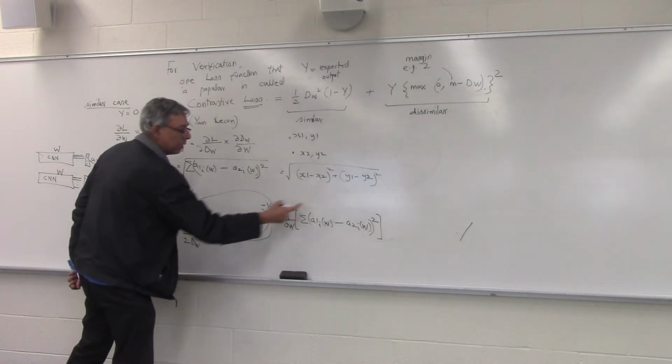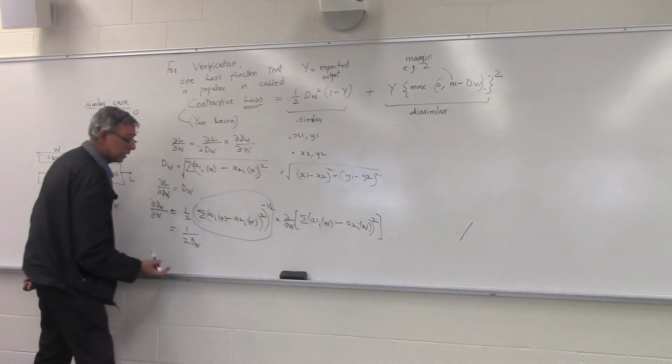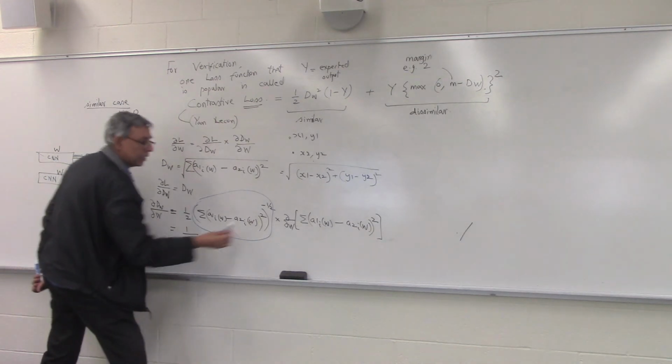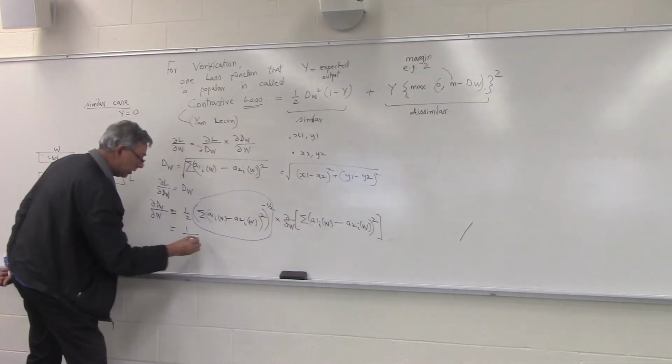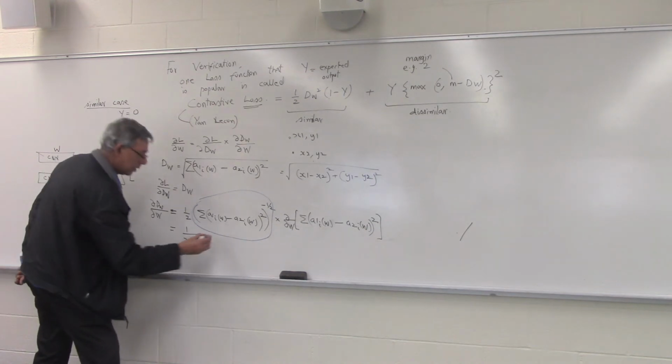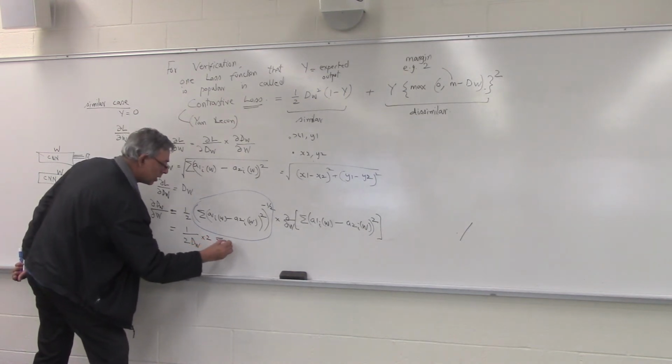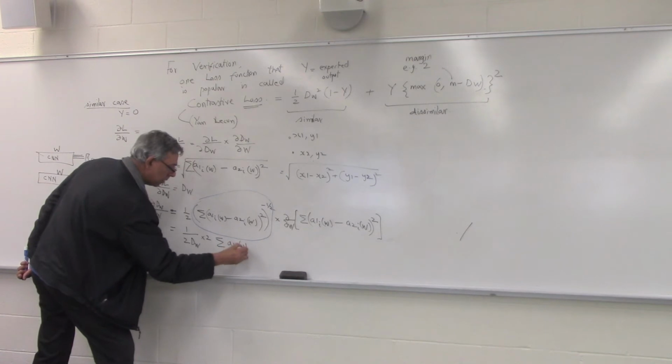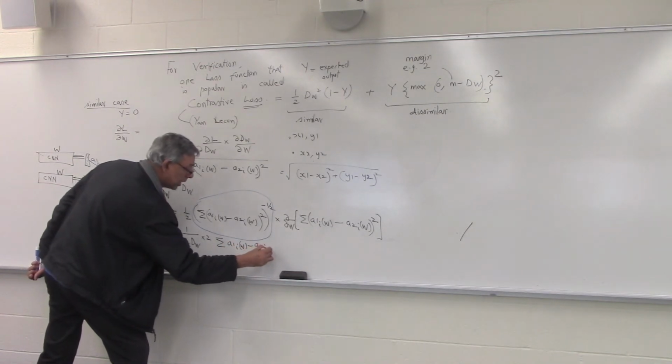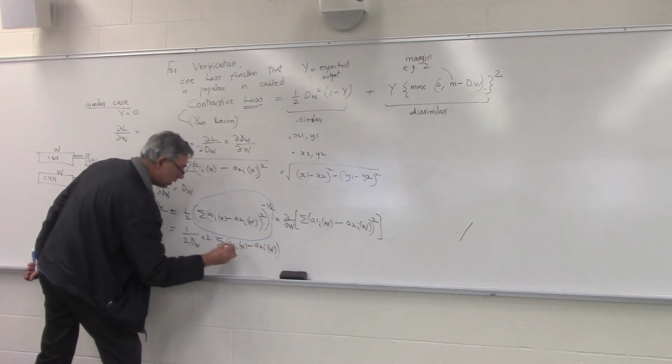Now let me further take the derivative of this. Won't this be, so this 2 comes out over here, 2 times the summation of A1 of I of W minus A2 of I of W, right?